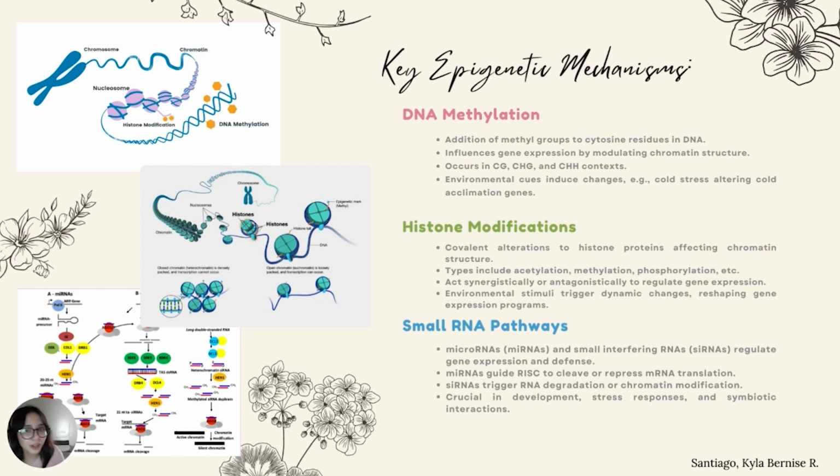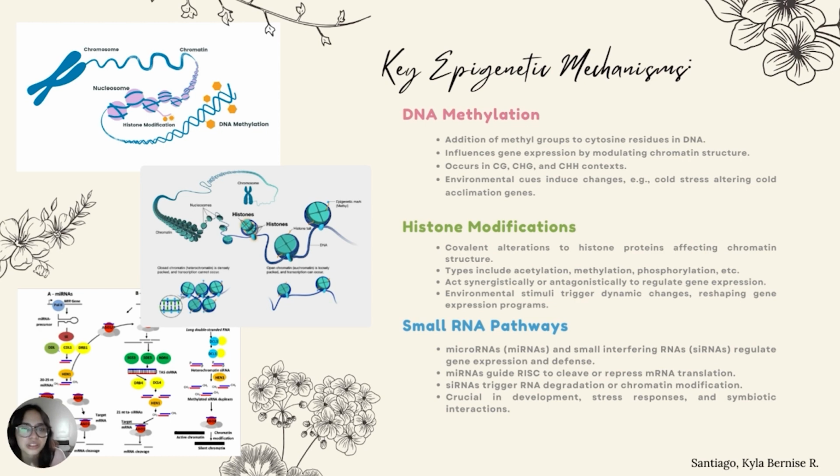And lastly, we have small RNA pathways. Small RNA molecules, including microRNAs and small interfering RNAs, serve as key regulators of post-transcriptional gene expression and defense mechanisms against invasive genetic elements in plants.